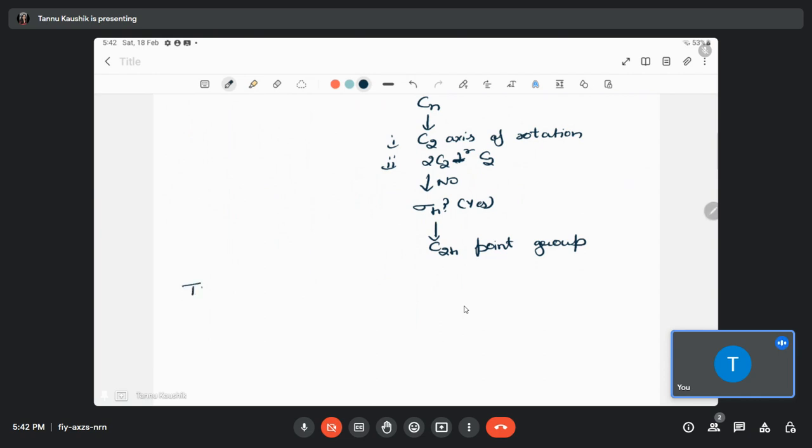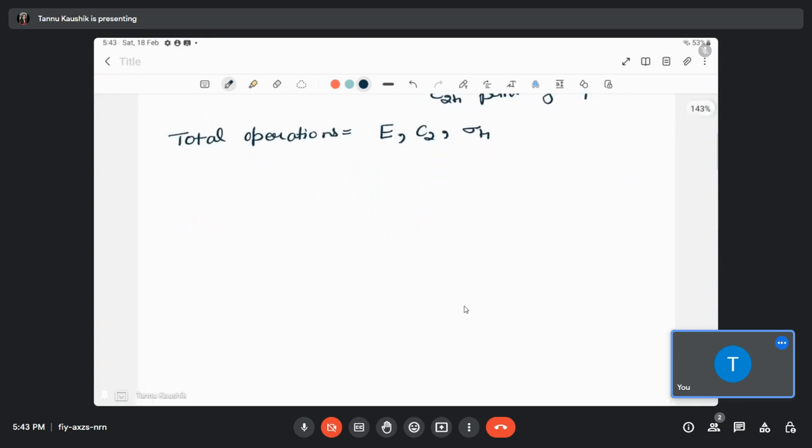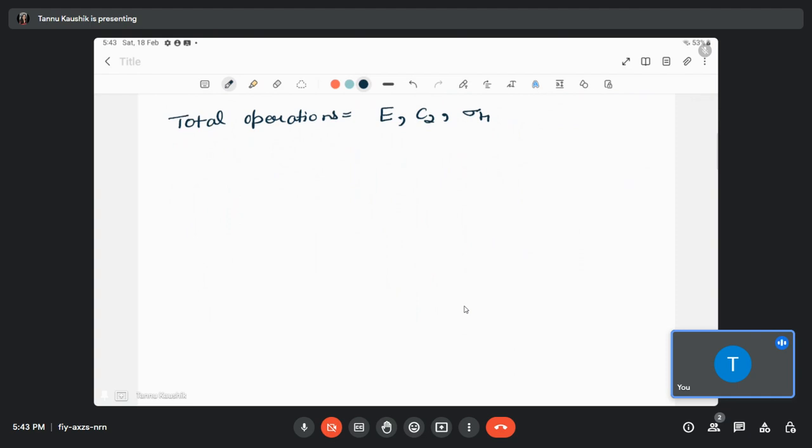So the total operations present in this molecule are the identity operator, C2 axis of rotation, sigma h, and I would like to give you some tricks, kind of concepts for this.